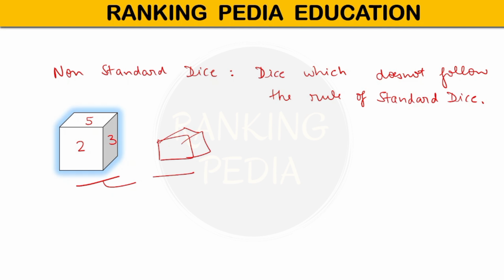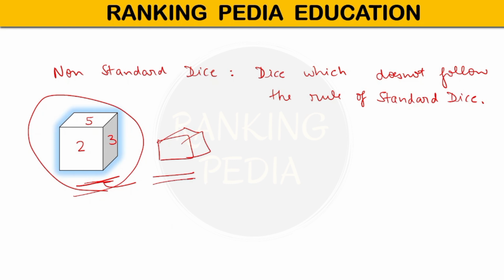In order to solve this problem, we must know a minimum of two positions of the dice. From only one position, this diagram, we cannot evaluate any answer. That means we cannot evaluate the opposite sides of any number. So we must have two diagrams in order to evaluate the opposite sides of any of the faces.